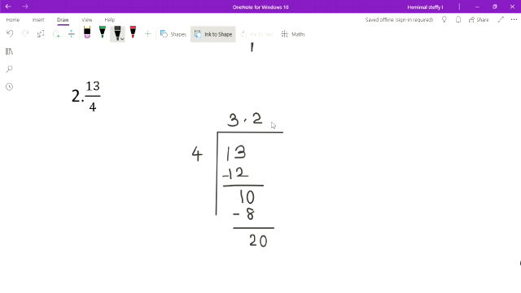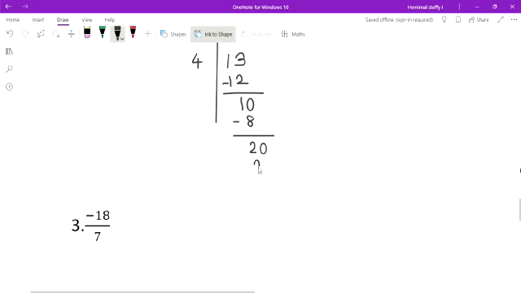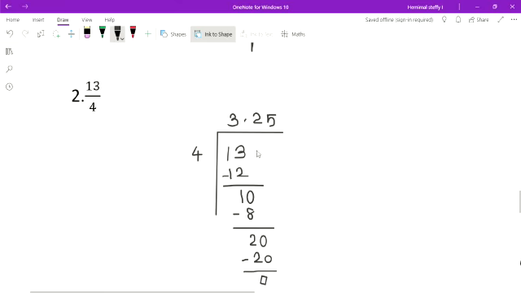Then 4 how many times? Yes, 5 times. 5 fours are 20. So 20 minus 20 is equal to 0. It's finished. It does not continue or repeat again. It is a finite number.